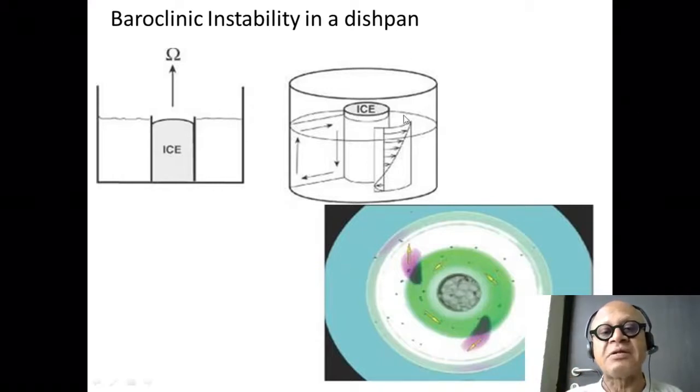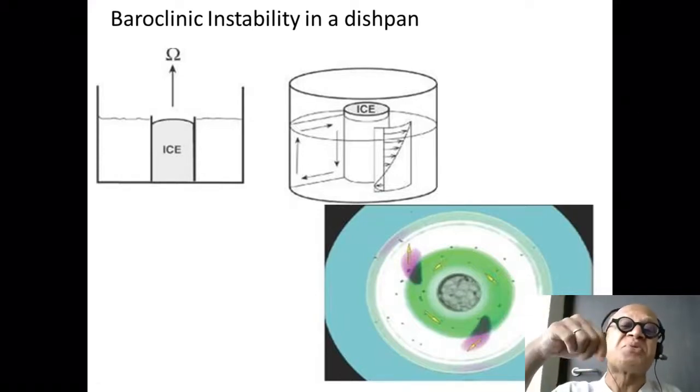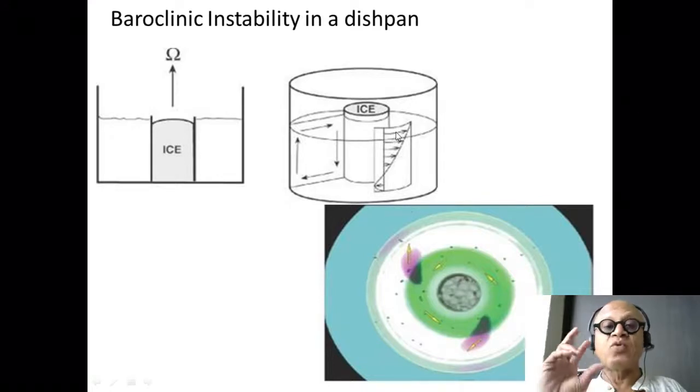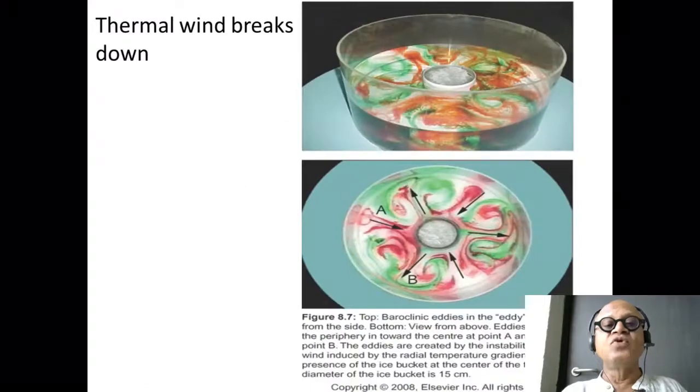This was rotating at less than 1 RPM, actually 0.95 rotations per minute, which is really slow. We did that just to demonstrate the concept of thermal winds, and then we increased the rotation to about 10 RPM. We can keep increasing it and produce more eddies like this.